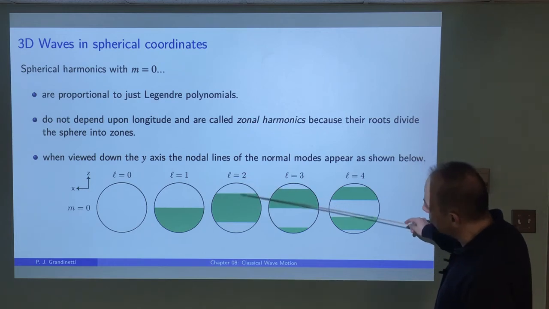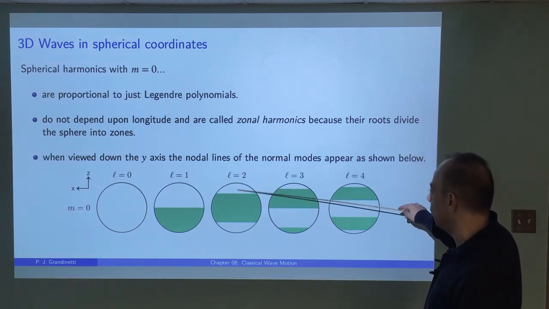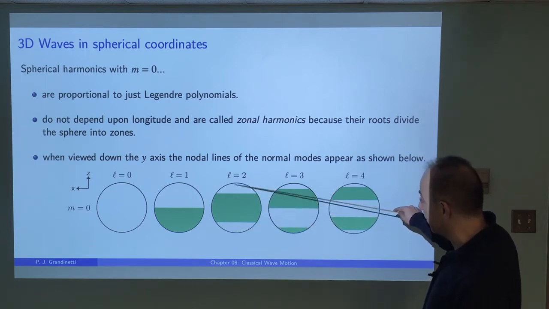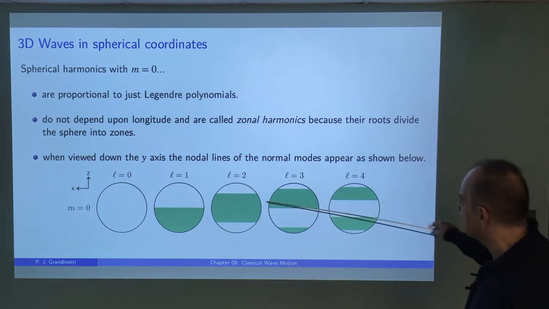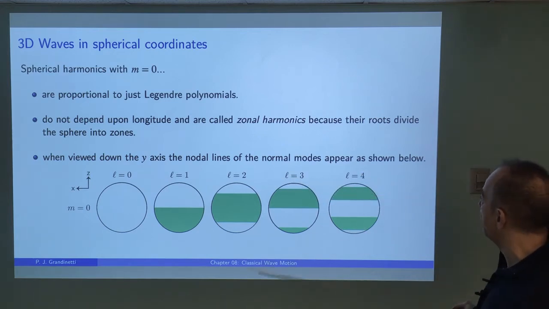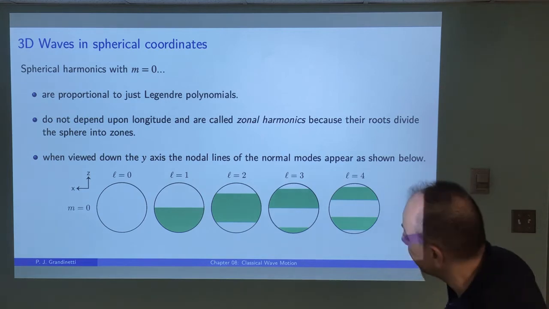But then when you get to L equals 2, then we divide it into zones where we have a top zone that's positive or one sign, the middle zone is an opposite sign, and then the other zone has the opposite sign or the same sign as the top. And so this continues, dividing into zones with increasing L. All right, so this is just the case with m equals 0.